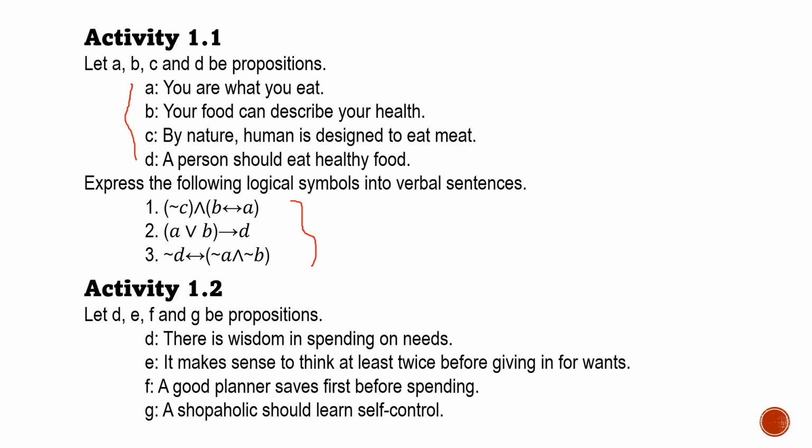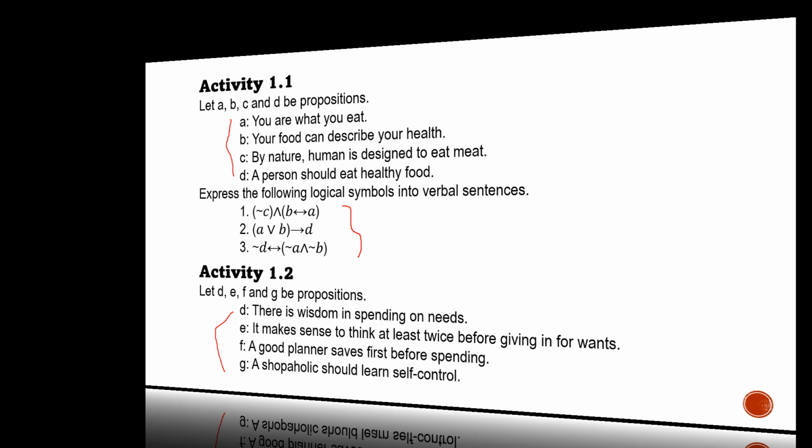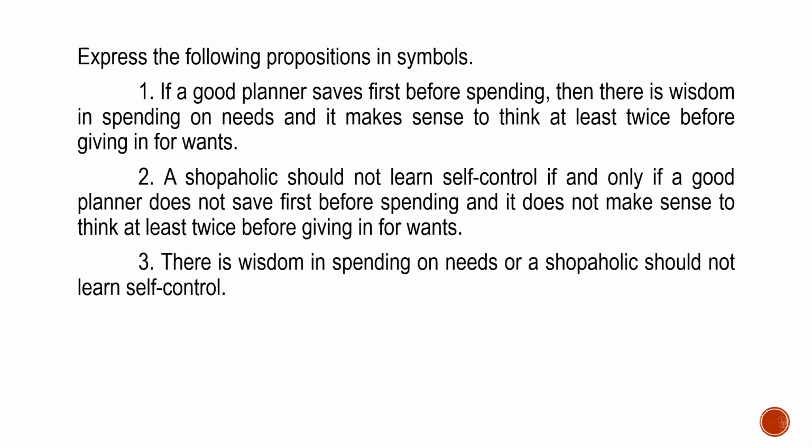And for the activity in 1.2, let D, E, F, and G be propositions. So again, there are given propositions here for your D, E, F, and G. As you can see, what will be your task? Your task now is to express the following propositions in symbols.